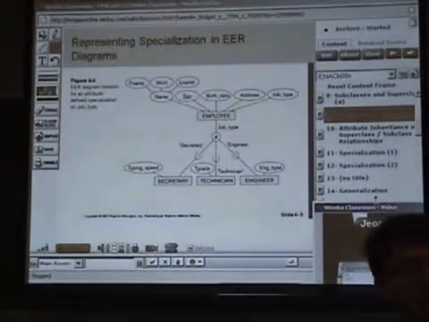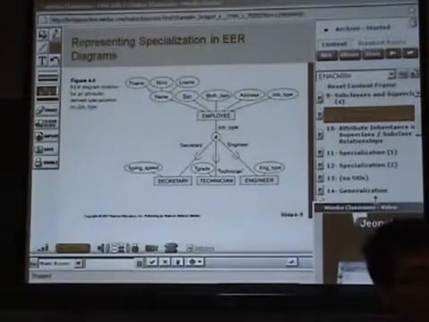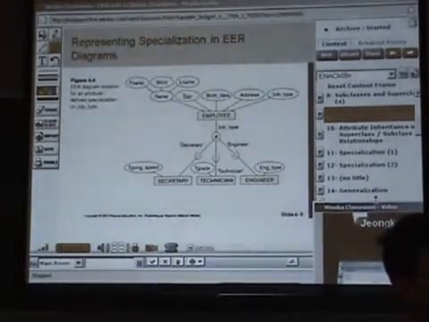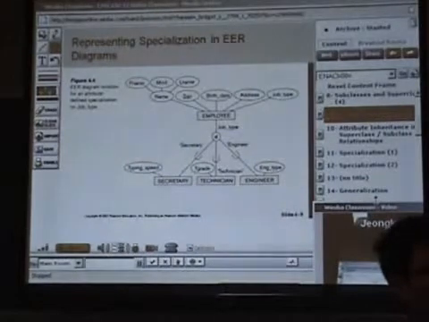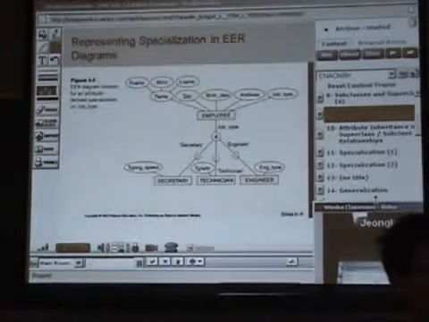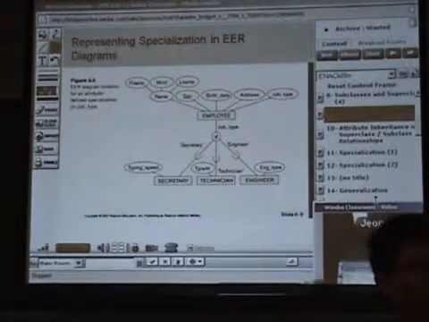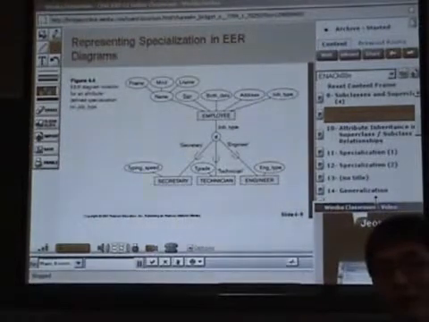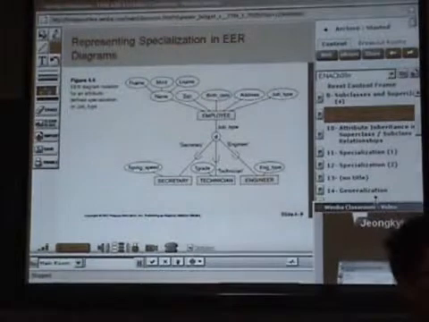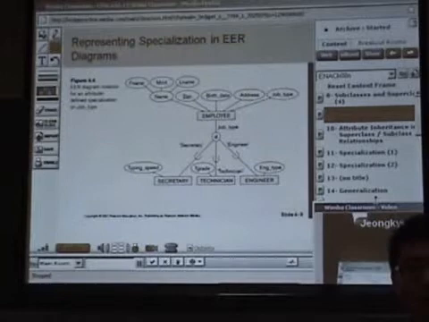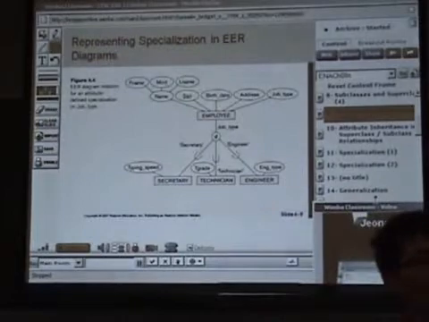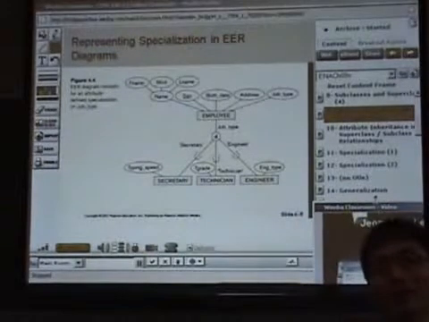Let me ask you, is it full participation or partial participation? Partial, which means there are employees who do not belong to any of the subclasses, the others or non-job type. What about overlap? Does it allow overlap of the job? No, because it's a D. D indicates disjoint. Disjoint means only one job is possible.